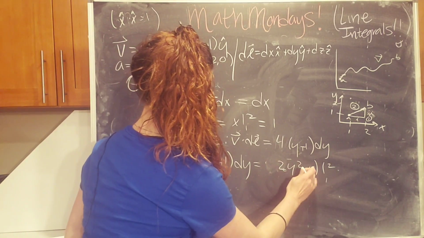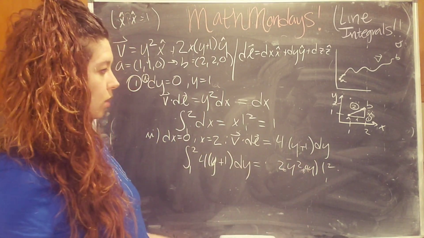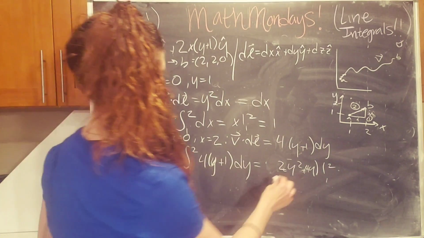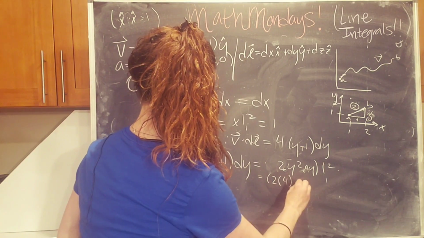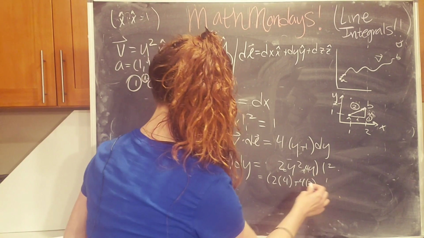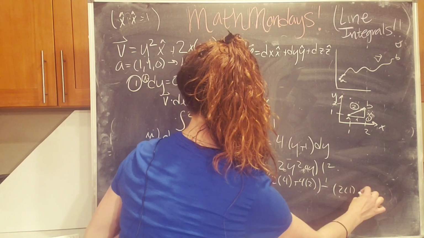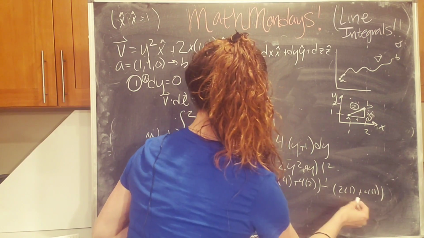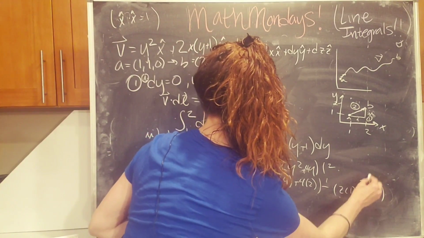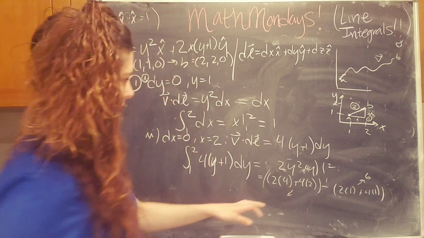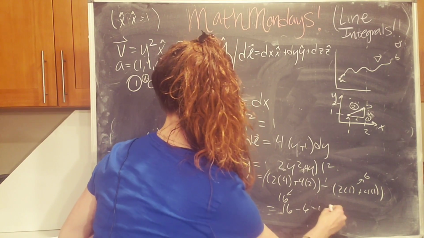We get 2y squared plus 4y from 1 to 2, final minus initial. So this is going to give me 2 times 4 plus 4 times 2 minus 2 times 1 plus 4 times 1. So this is going to give me 6. This is going to give me 16. And so we get 16 minus 6 equals 10.